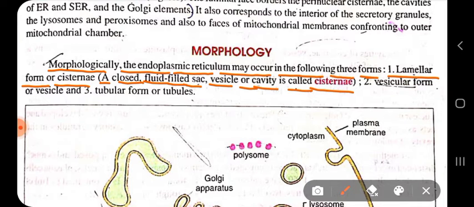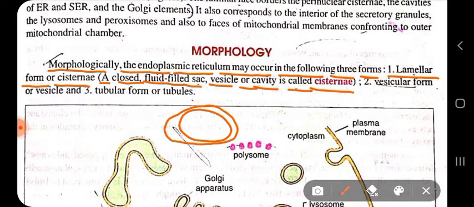So this is a sac-like structure composed of two membranes. The endomembrane system always contains two membranes, whether you are seeing the endoplasmic reticulum, the Golgi apparatus, or the nuclear envelope: inner membrane and outer membrane.